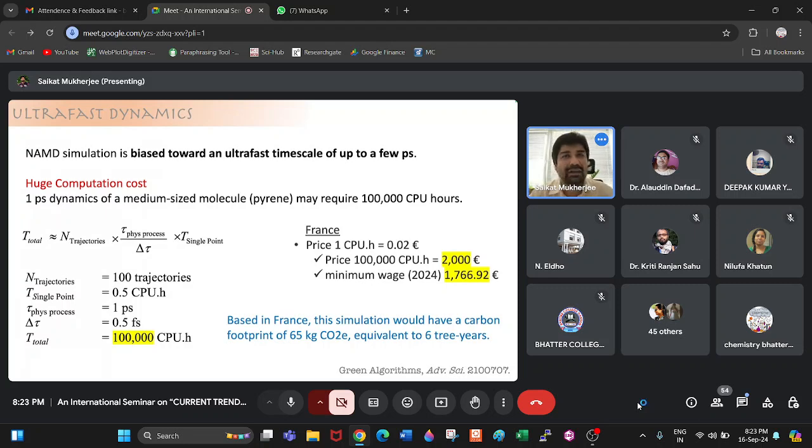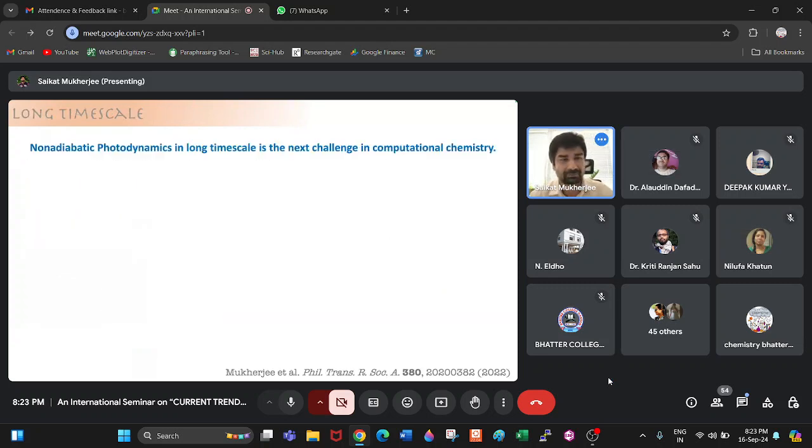That means we are looking at neither an economically friendly nor an environmentally friendly simulation. So we need to think of something beyond. And that is the next challenge in computational photochemistry: simulating non-adiabatic photodynamics on long time scales at reasonable cost. You cannot spend 1 year or 2 years simulating one single molecule.